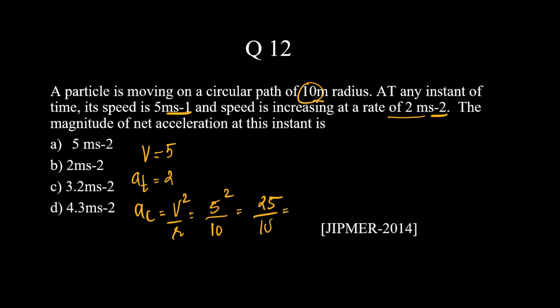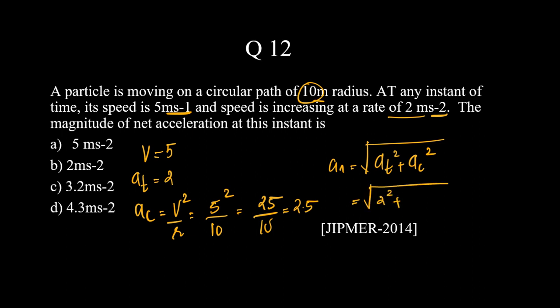which is 2.5. So we can write that A net is equal to root of AT square plus AC square, which is equal to root of 2 square plus 2.5 the whole square.